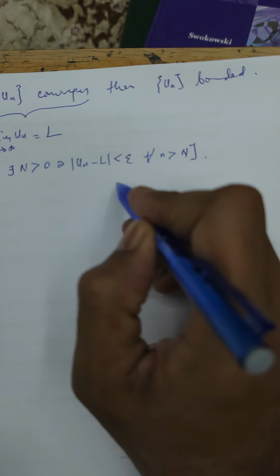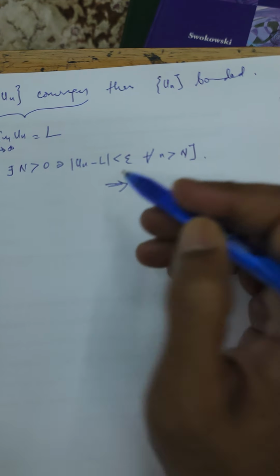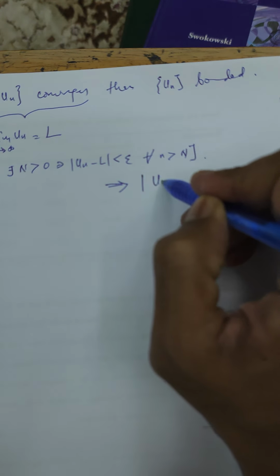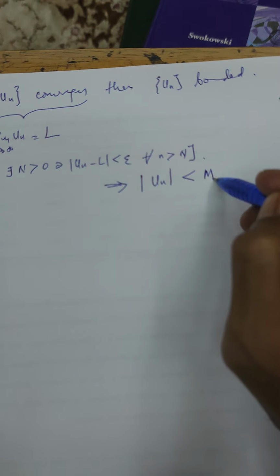What we want to show from there is that un is bounded, which means un is less than some number M. So that's the idea.